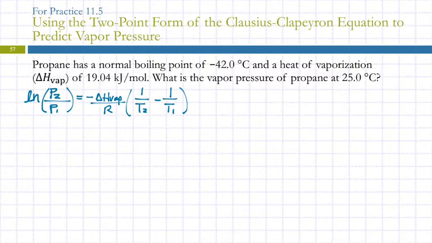So vapor pressure P2 is what I'm looking for at 25 degrees Celsius. So that means that's T2. I'm just deciding it's T2. I could do it T1. You can still come up with the same answer. I just think it's more difficult to solve the equation that way. So we're going to add 273.15 to get this into Kelvin. We get 298.15 Kelvin.